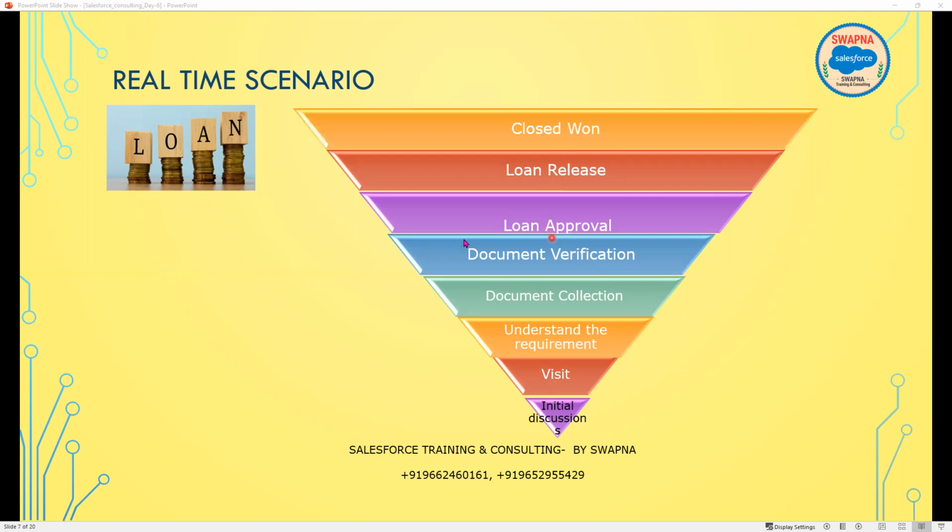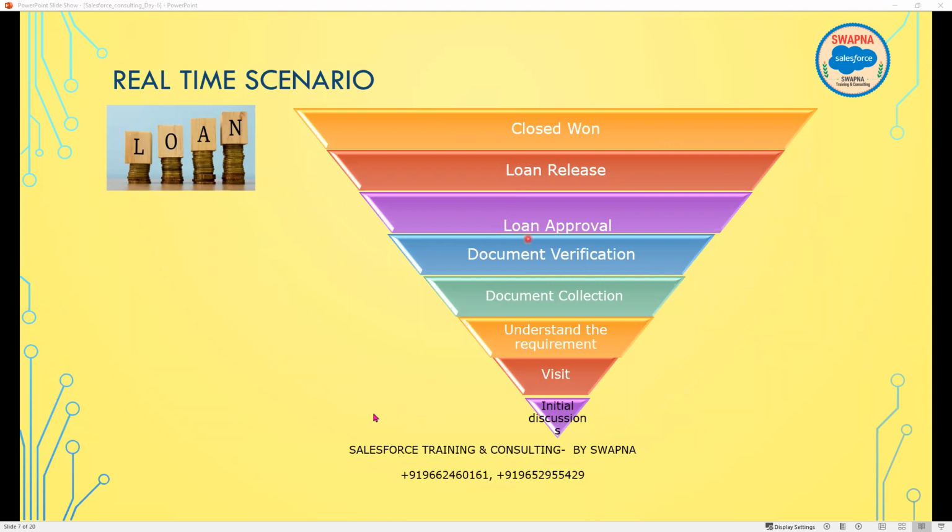In case during the document verification this person feels that maybe this document is not proper, and the bank cannot provide you the loan because of so and so reason, what will happen?